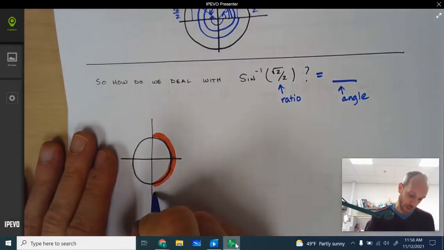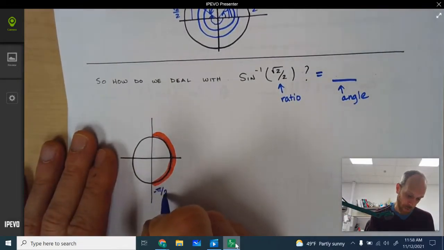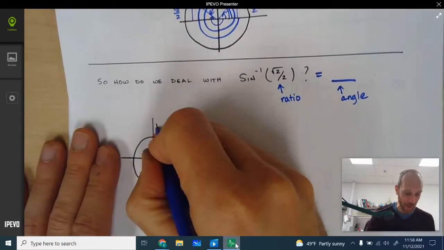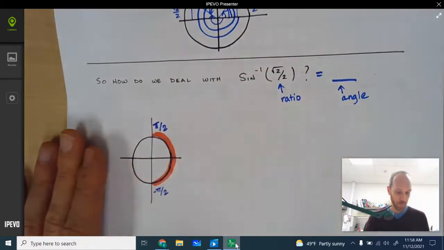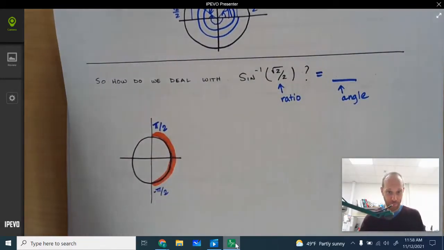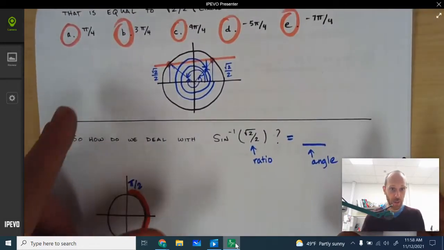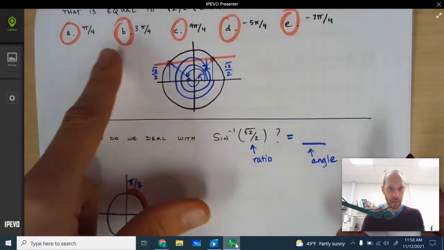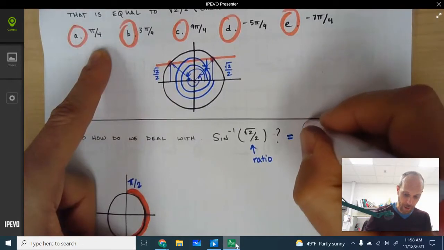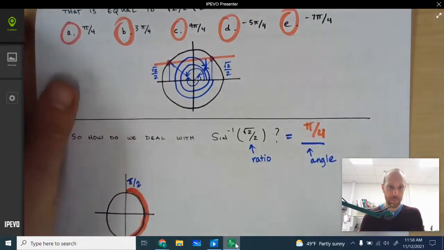Specifically, the branch that starts at negative pi over 2 and ends at pi over 2. Therefore, the answer would be this one right here, pi over 4.